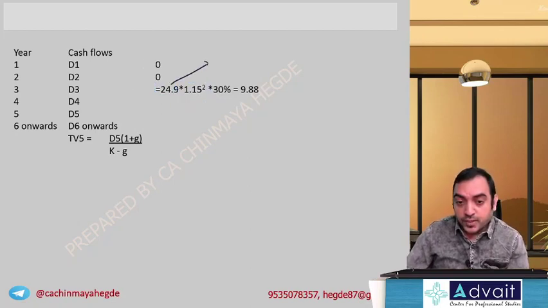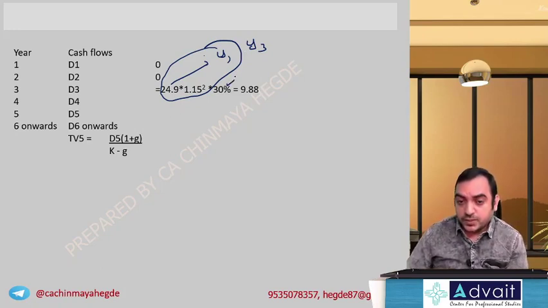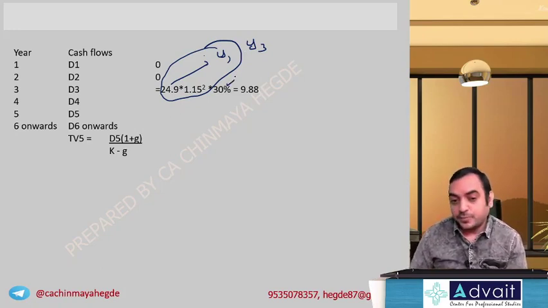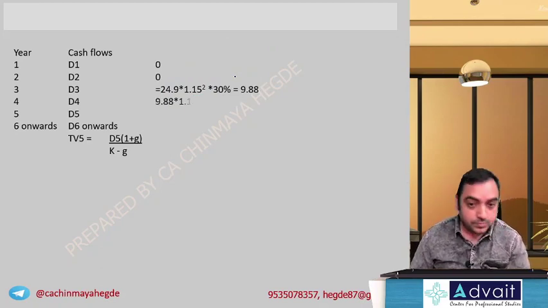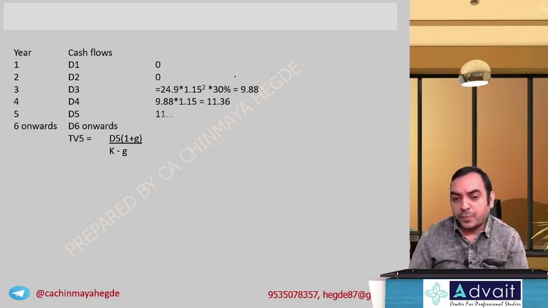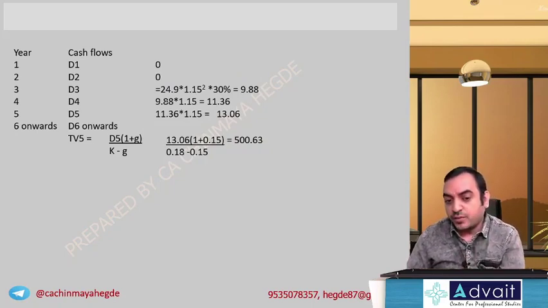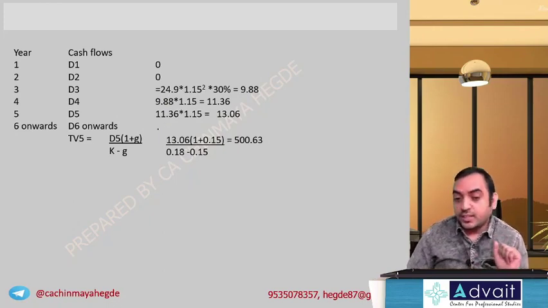Year 1 EPS 24.9 into 1.15 square is the EPS at the end of year 3. Then at 30% you get 9.88 dividend. Similarly, from that point onwards you can simply grow by 15% continuously, no issues. So 9.88 into 1.15, you get 11.36, into 1.15, 13.06.